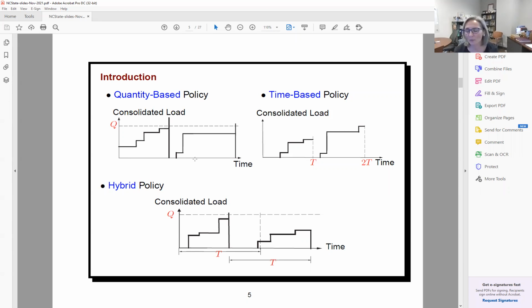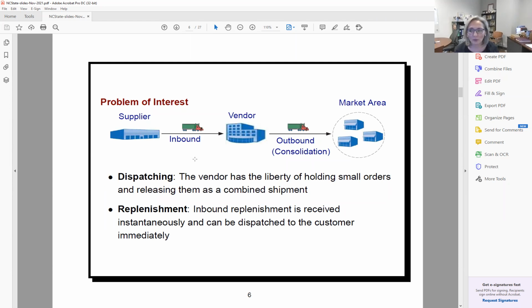All three types of policies are widely implemented in the transportation industry. They are widely implemented in the context of vendor-managed inventory applications, vendor-managed delivery applications, and in the context of common carriage shipping as well.